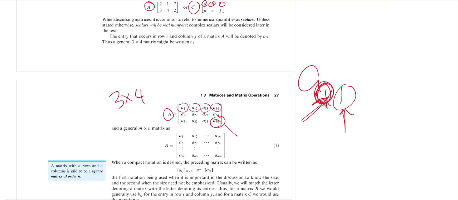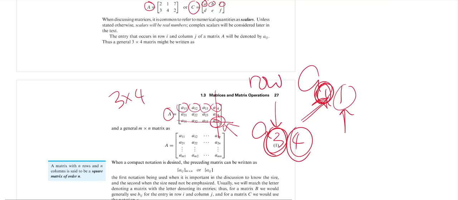For example, A34 is the entry of the matrix on the third row and the fourth column. So the first number always refers to the position of the row, and the second refers to the position of the column. This follows the general principle we mentioned before, that the information on the row is always mentioned first.